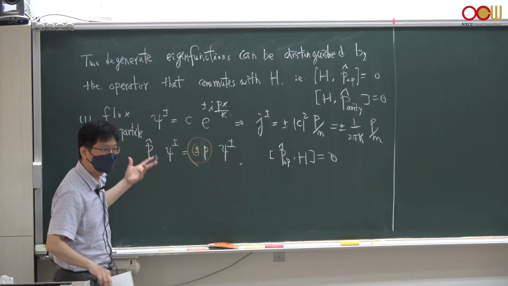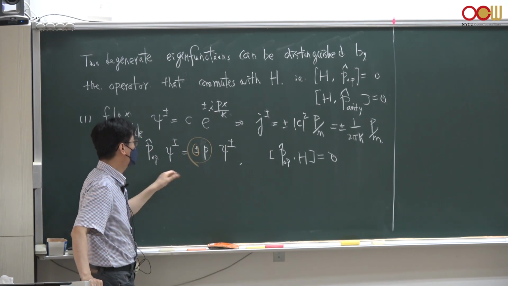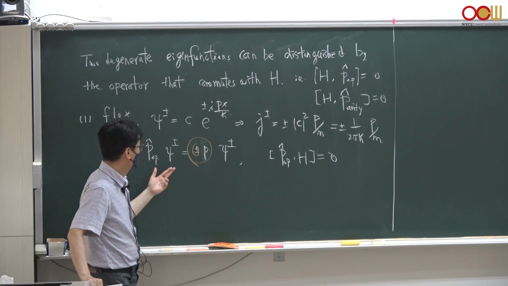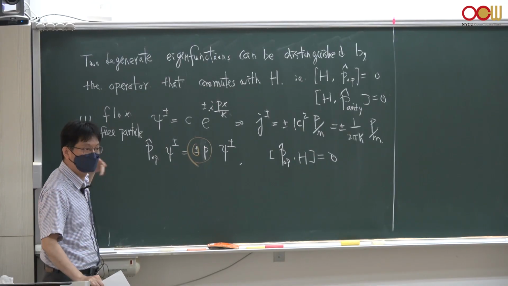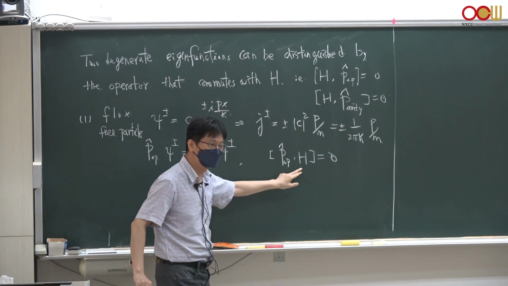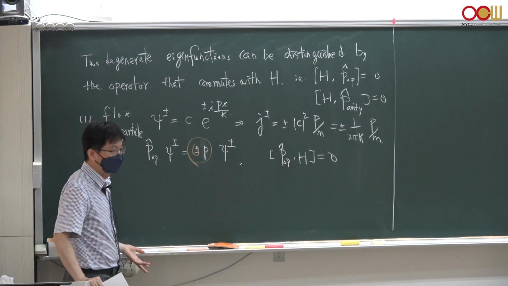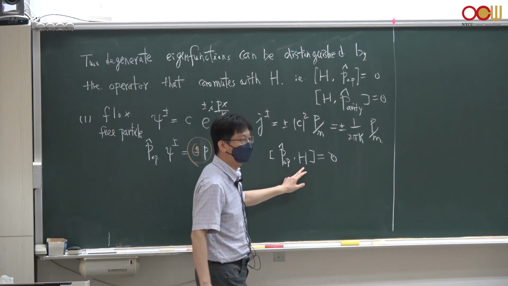So if we measure this momentum of this right-moving flux or left-moving flux, we'll get two different results. One is plus, another is minus p, right? But the reason why we can do this is because the momentum operator commutes with the Hamiltonian, because the Hamiltonian is simply just a free particle, so it doesn't have the potential term. It just has this kinetic energy.